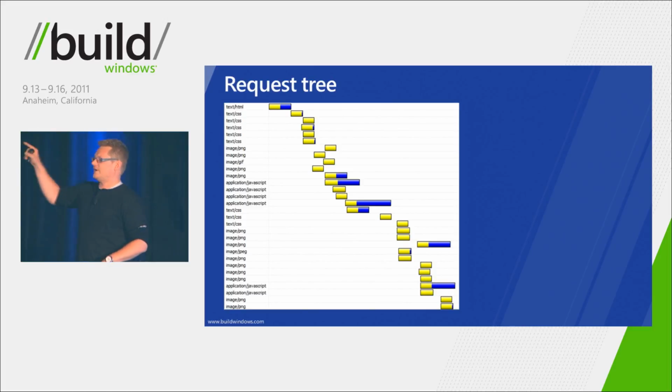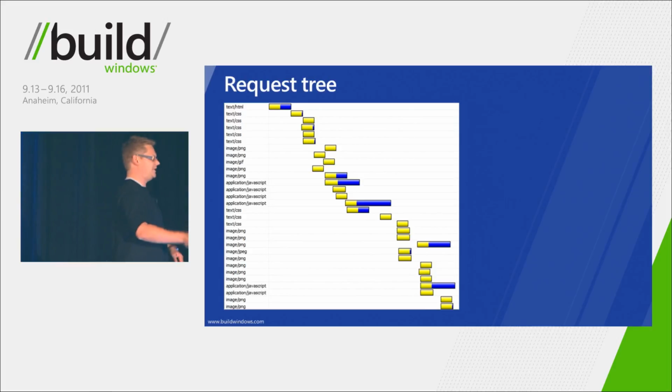So the more requests we have, the longer this tree will get, and the slower your site will be. Imagine that you're on a mobile phone, and you're outside Wi-Fi range, and you're maybe not even on 3G because you're somewhere in the mountains. The more requests you have to download is substantially going to slow down your website. So this is all the CSS files, the images, the JavaScript files that make up the website.